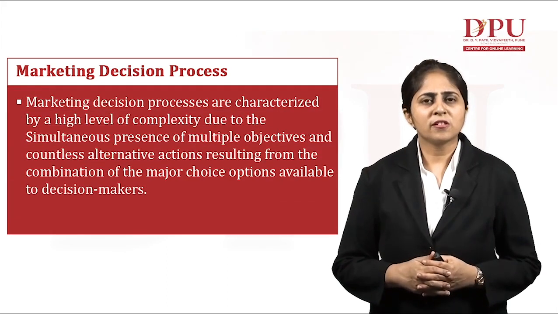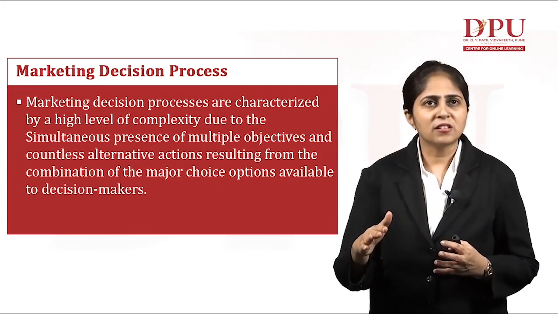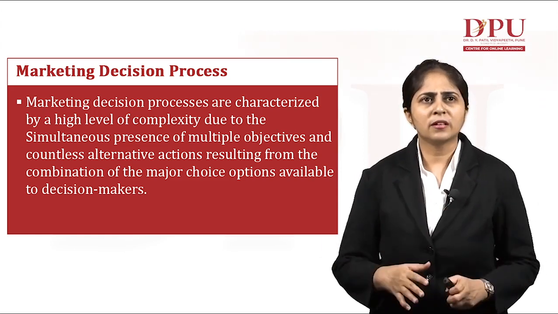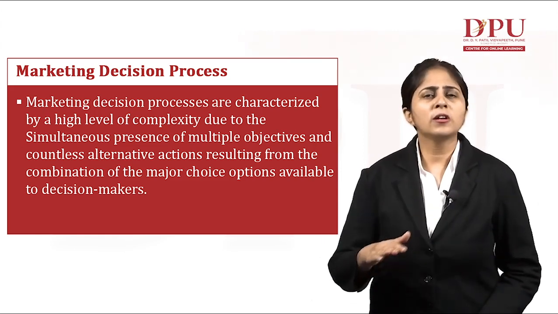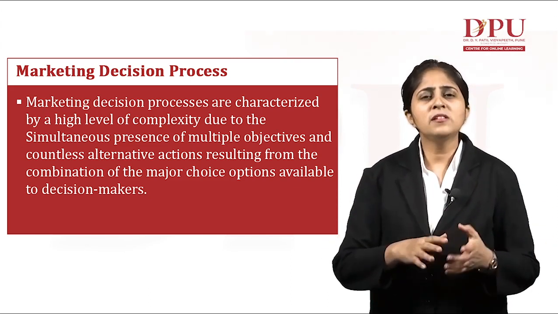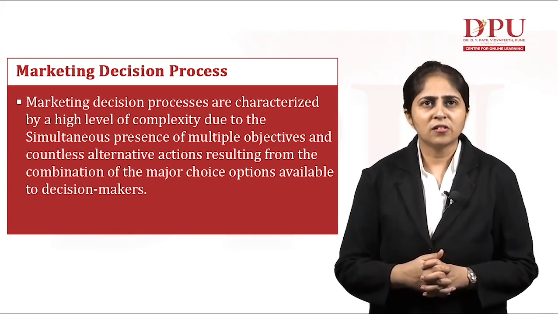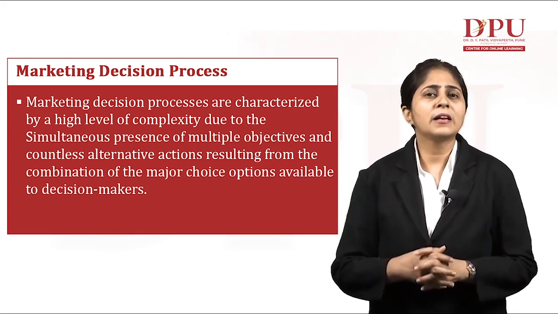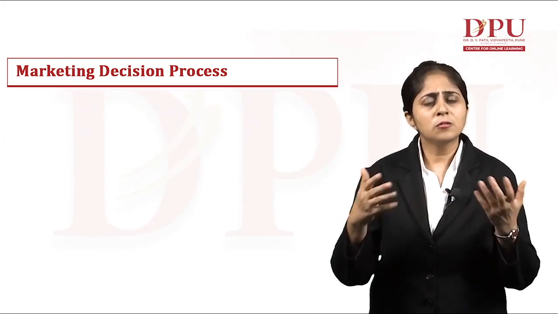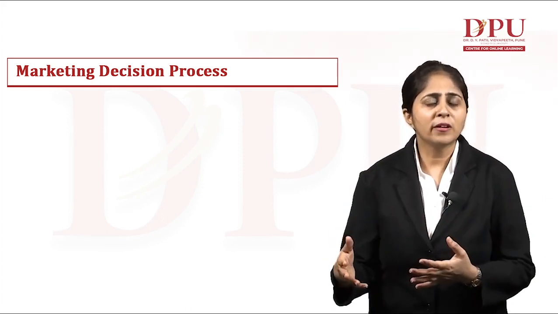Marketing decision processes are characterized by a high level of complexity due to the simultaneous presence of multiple objectives and countless alternative actions resulting from the combination of major choice options which are available to the decision makers. So when we talk about the marketing decision process, today we have so many alternatives, so many choices available in the market for promoting our products.